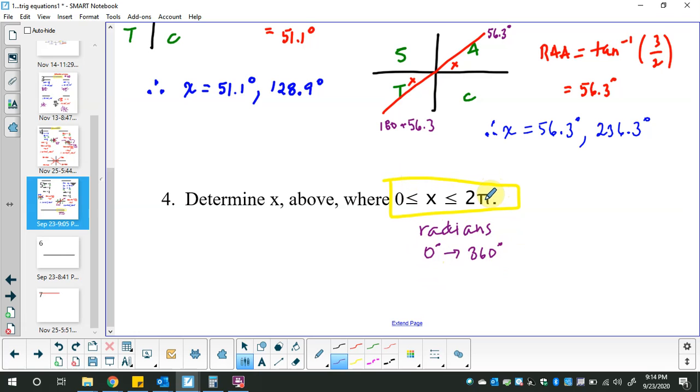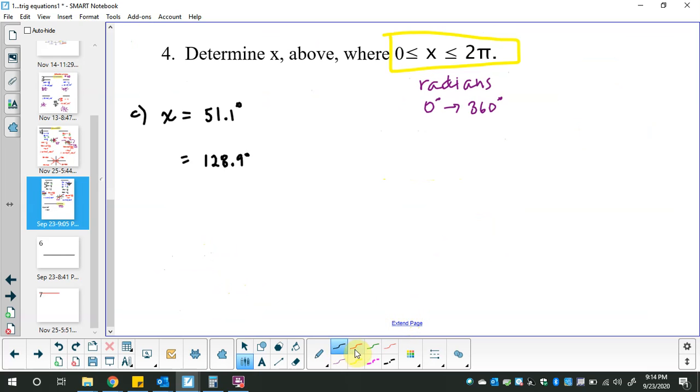So your job is to take question C up above, where we got an answer of 51.1 degrees, and another answer of 128.9 degrees, which are just fine for degrees, but aren't fine for radians. All we have to do is convert those.